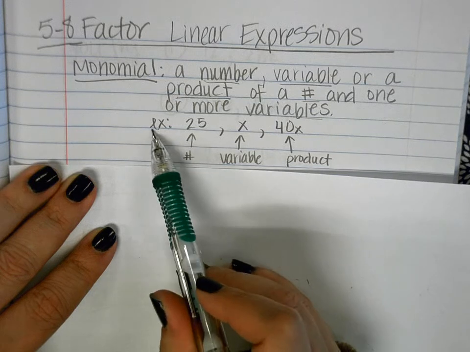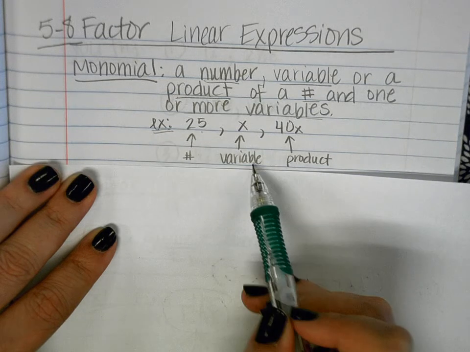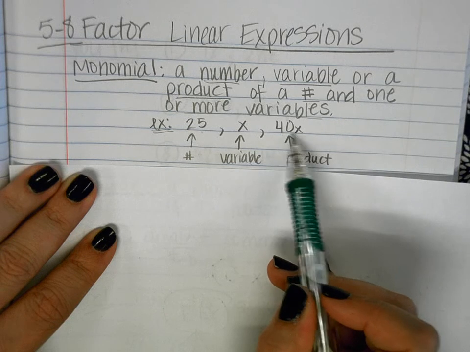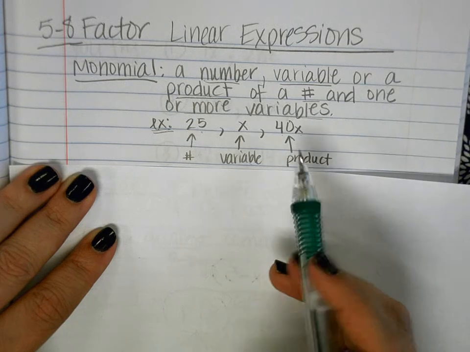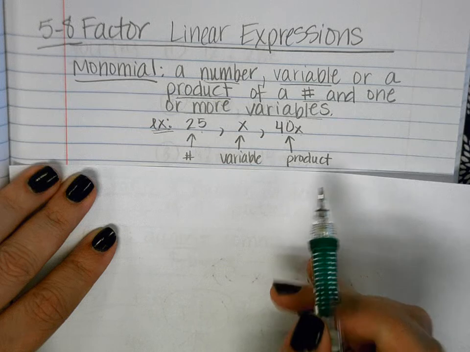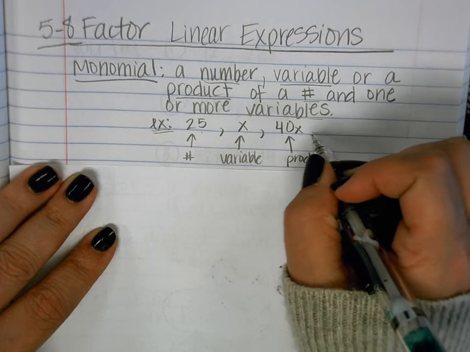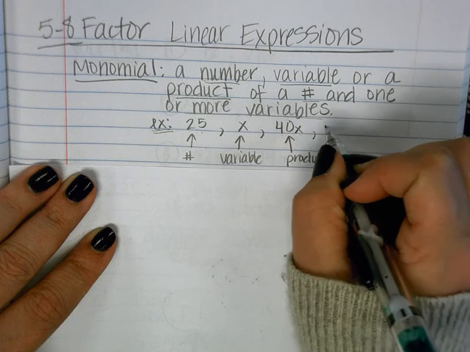This is a little example down here. Or a variable, or a product of a number and a variable. You could also have, it says one or more variables, so you could have something like 40xy.